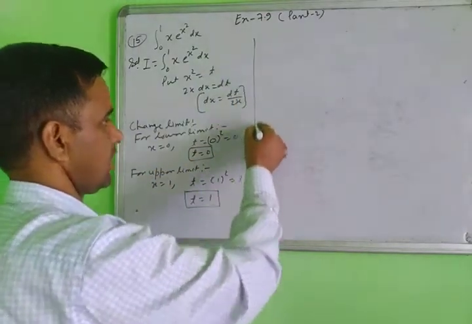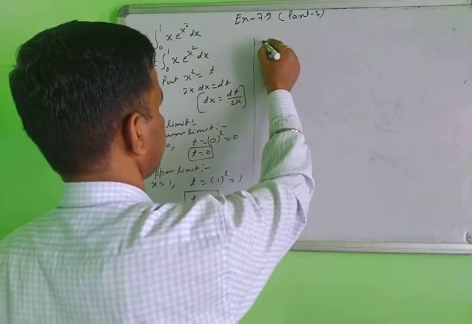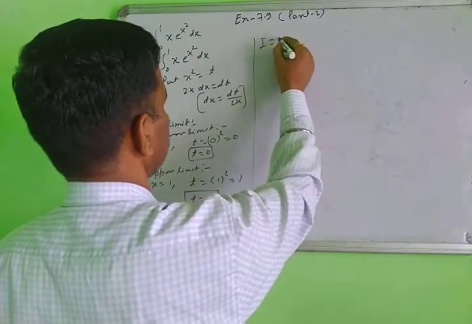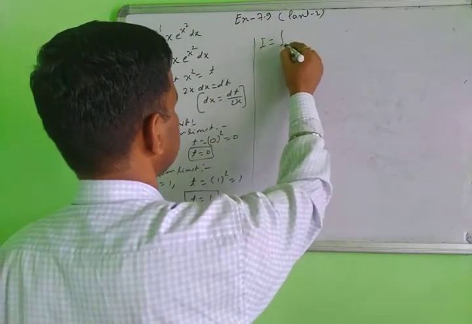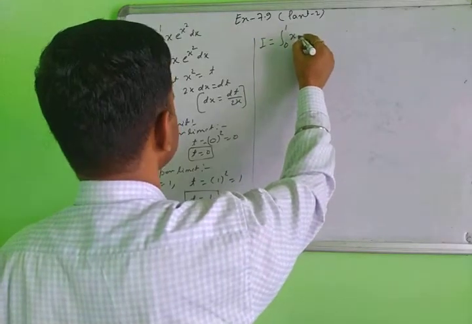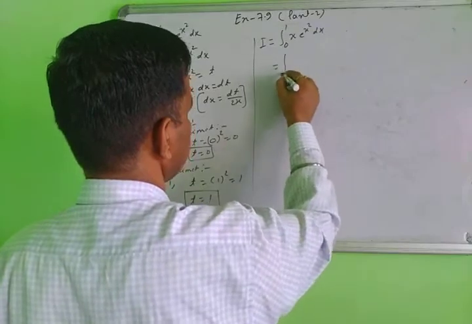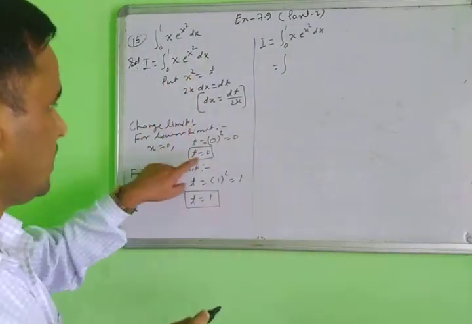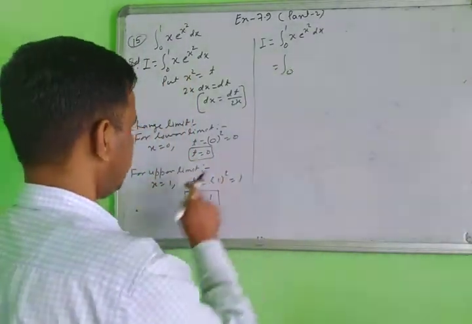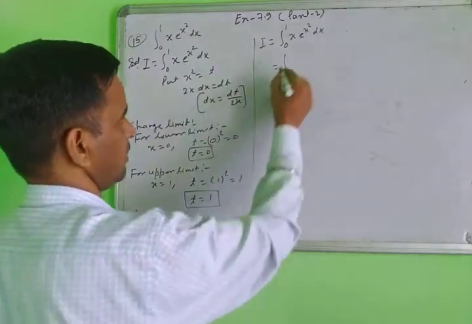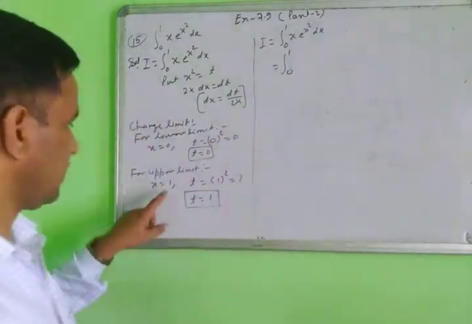Then you will write I equals the integral from 0 to 1 of x e^(x²) dx. This will be converted. In place of the lower limit you write 0, and in place of the upper limit 1 you write 1, which after changing is also 1.